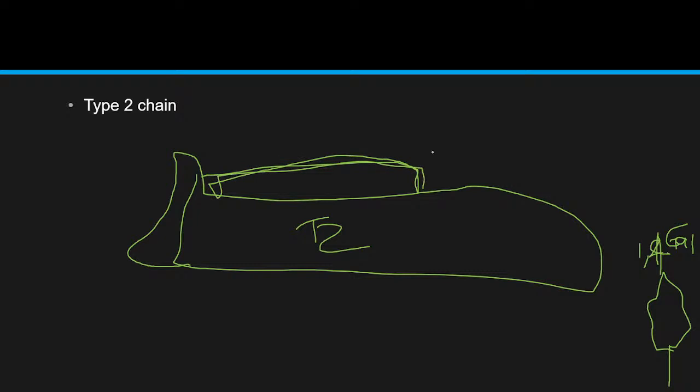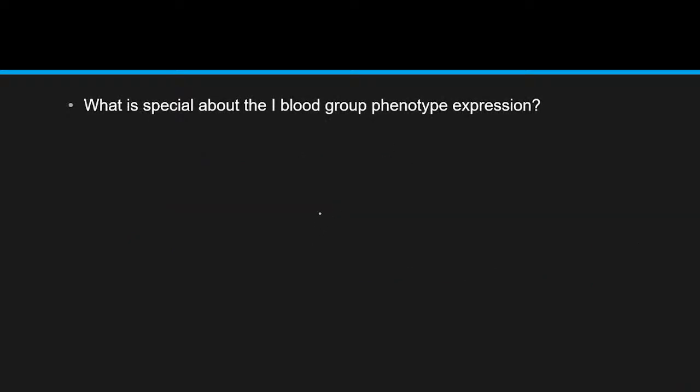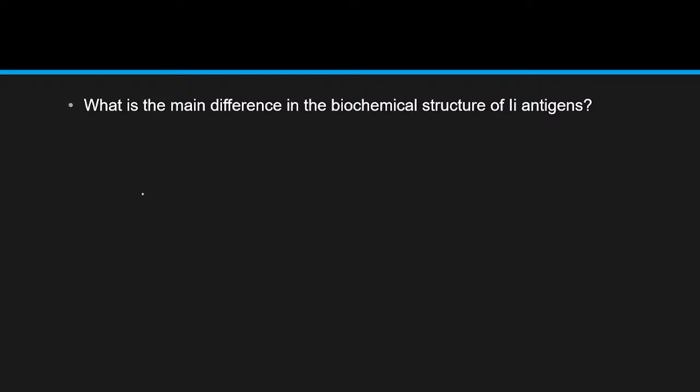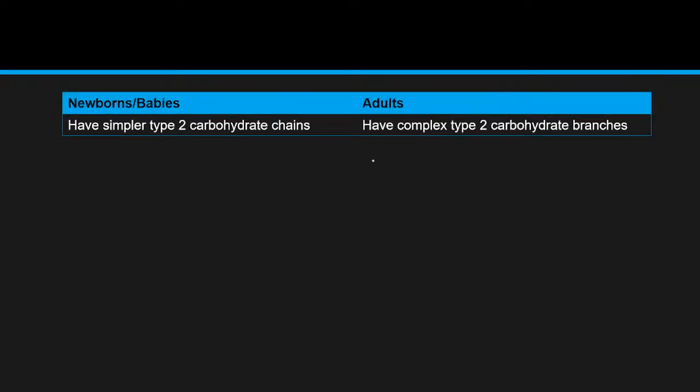What's special about the phenotypic expression is that it's age dependent. What do I mean by this? Adults are phenotypically big I, while newborns are considered to be small i. Clear? Now, what's the main difference in the biochemical structure? Adults have a much more complex carbohydrate branch.